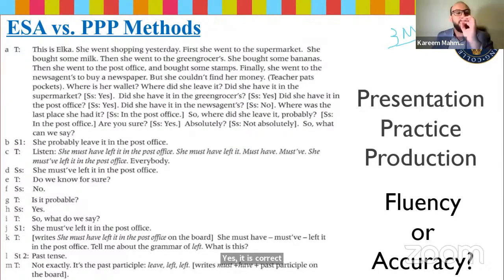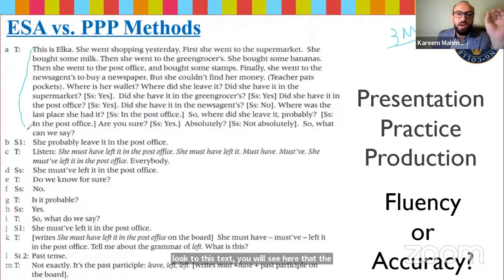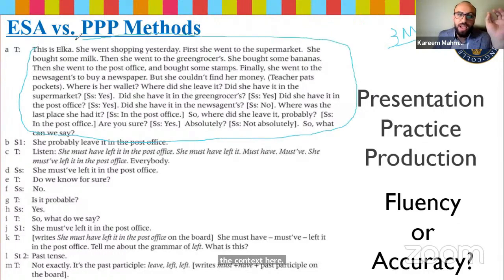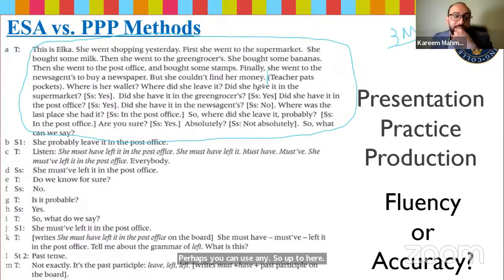If you take a closer look at this text, you will see here that the teacher set the context. It was a kind of a story, a narrative. Perhaps you can use an anecdote. So up to here was the context. And then the teacher started to do a lot of elicitation to introduce the new or the target language.